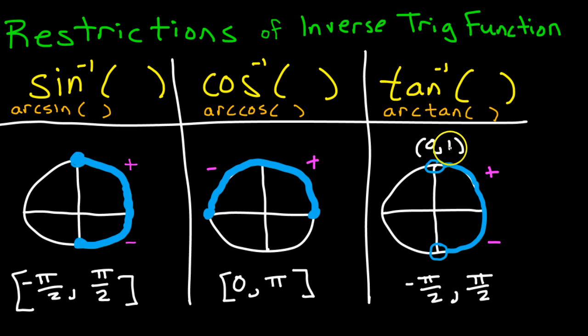The tangent up here would be 1 over 0. That would be undefined. So that's why I'm leaving these points out, because they would be undefined. So I will show that here when I mention the restrictions by using parentheses instead of brackets. So inverse tangent or arctangent is only defined from negative pi over 2 to positive pi over 2, but not including those endpoints.